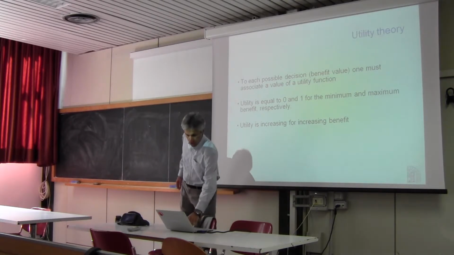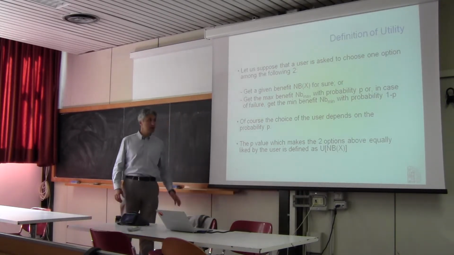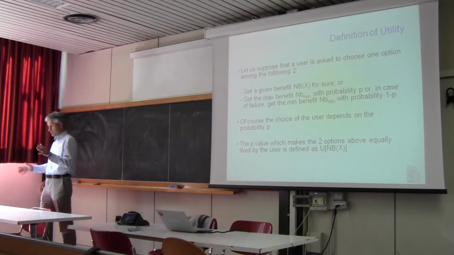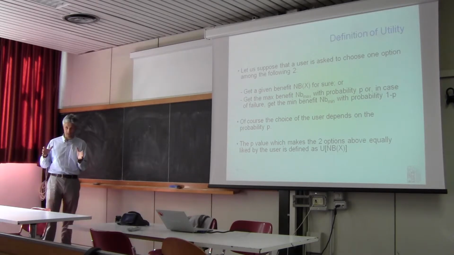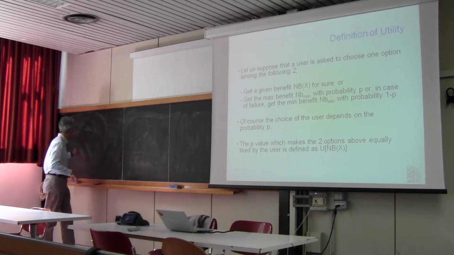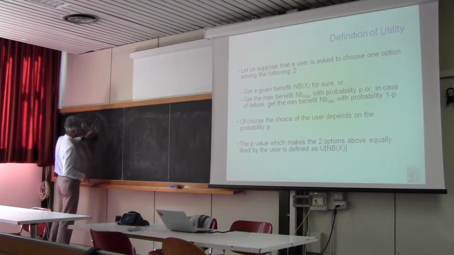These are the conditions which the utility function should satisfy. Now, I need a definition. How to define this utility function, which can be written as U depending on the net benefit, which depends on X?